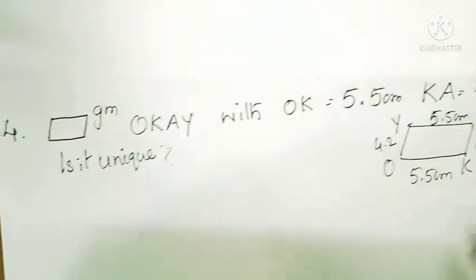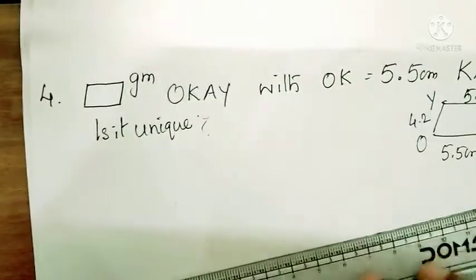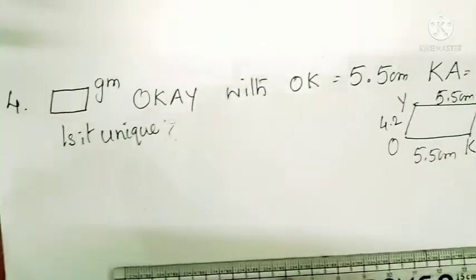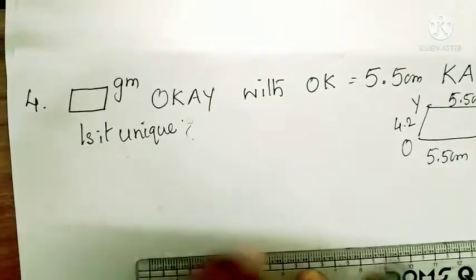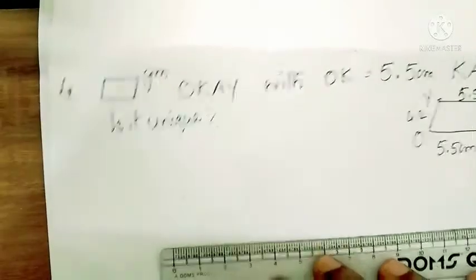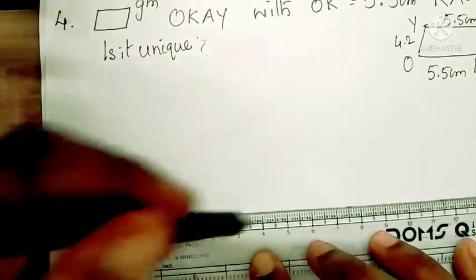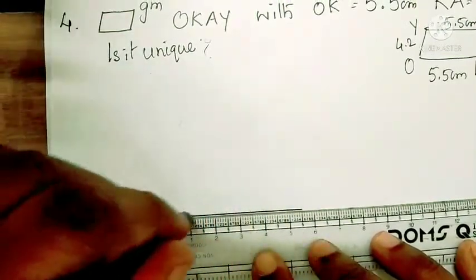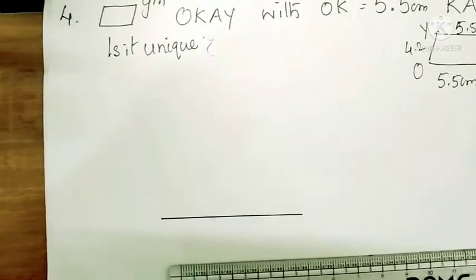So, you can draw in any way. Okay. Let us draw in one way. I will show you how to draw it. You just take 5.5 centimeter and draw one line. Okay. So, I am going to draw 5.5 centimeter. Now, angle measures are not given.